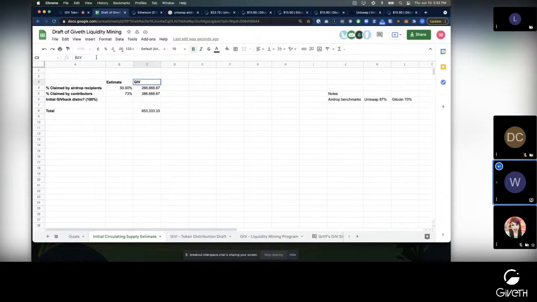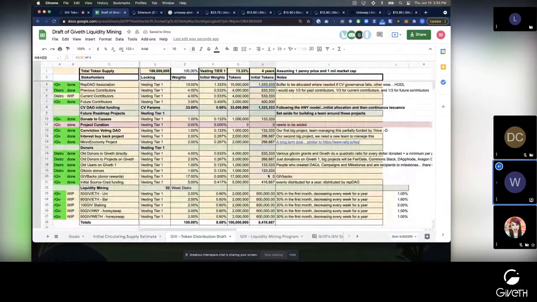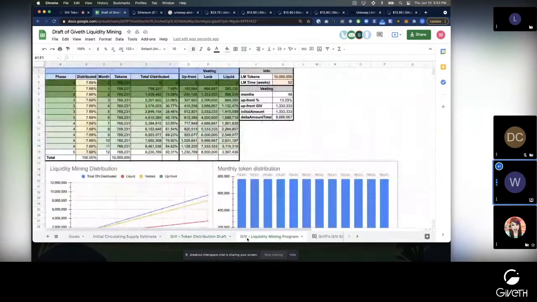And let's put that in. You use like 13.3%? Yeah, exactly. I just grabbed it from right here. Initial tokens, 13.33, yeah. I think we had as a placeholder a much higher amount. What do we have?